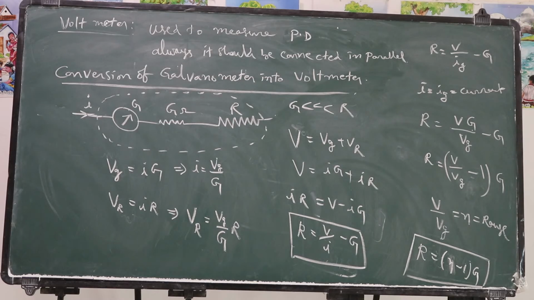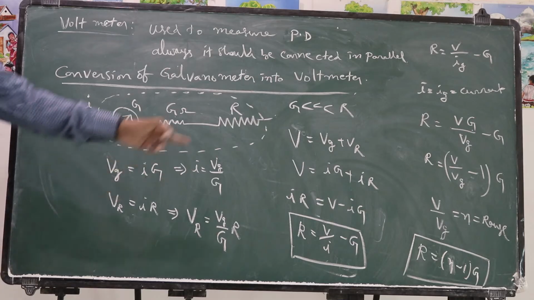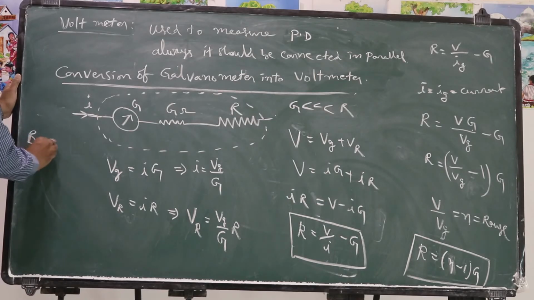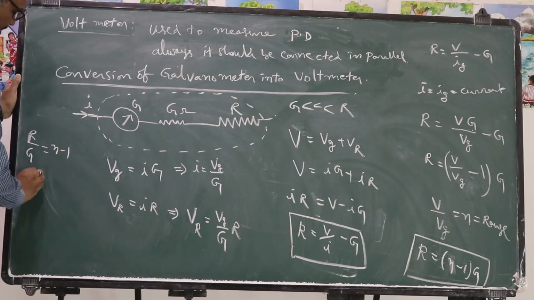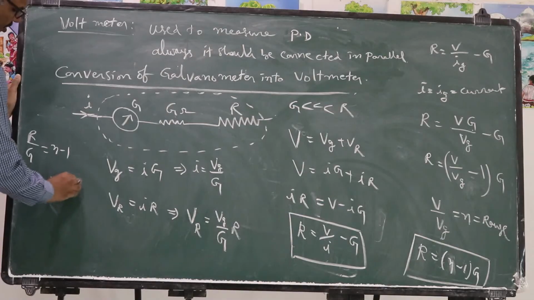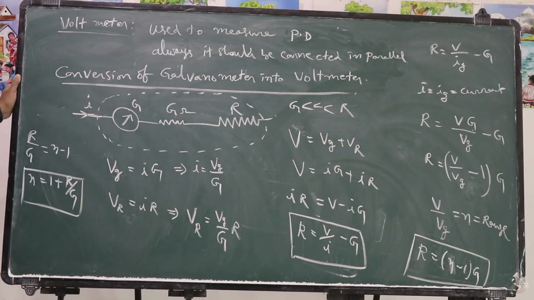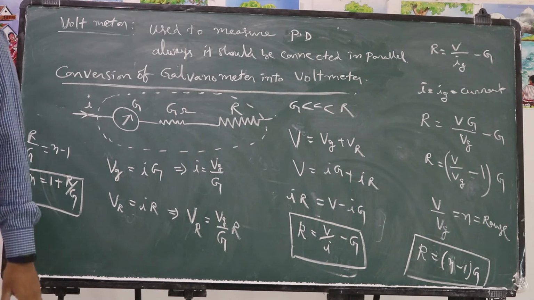So, by using that formula, you will calculate R value, and the range of the voltmeter is calculated by V by Vg, nothing but N. If you want N, you can simplify that. R by G is equal to N minus 1. Then N is equal to 1 plus R by G. By using the same formula in different manners, we will get the required result. So, this is the point you should remember related to voltmeter.